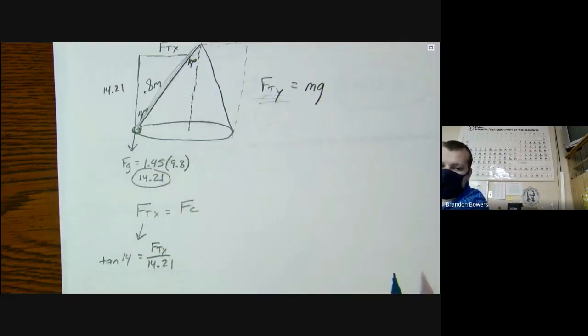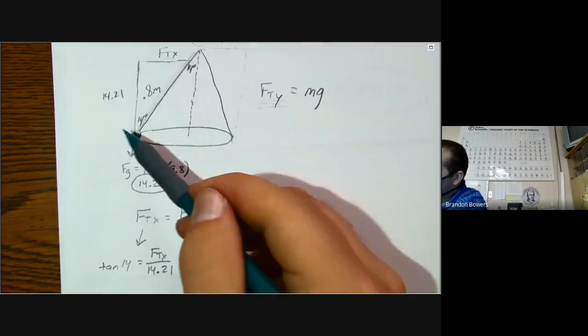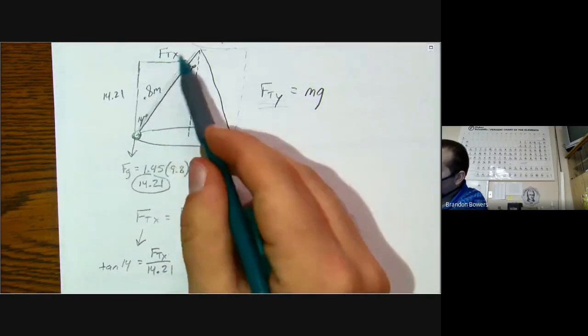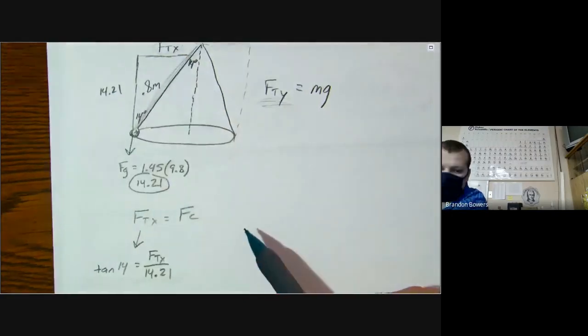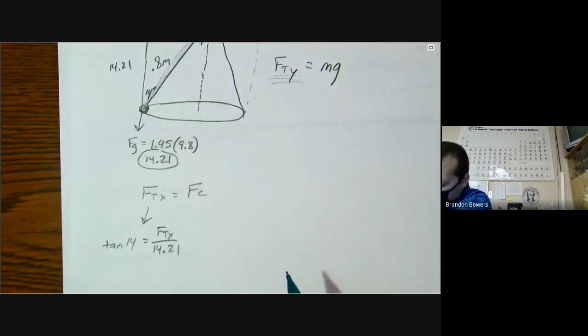So the tangent of this angle is equal to the opposite over the adjacent. How do we feel on that? All right, I'm going to plug that in real quick. Tangent of 14 times 14.21. Okay, so I got Ft of x to equal 3.54.